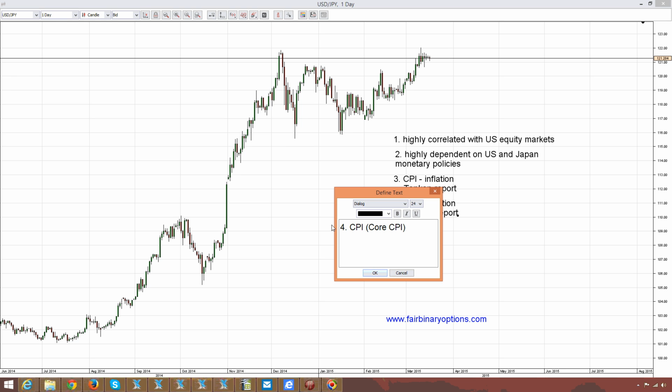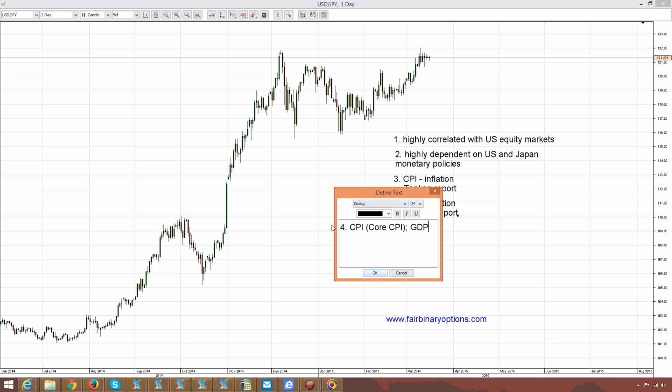The core CPI means the actual CPI, or the inflation level, excluding the cost of food and energy, and therefore you will have different values for the Fed. So sometimes the CPI moves to the downside, but the core CPI is stable and markets would not move the most. Besides the CPI, of course, we are talking about the GDP, or the gross domestic product.